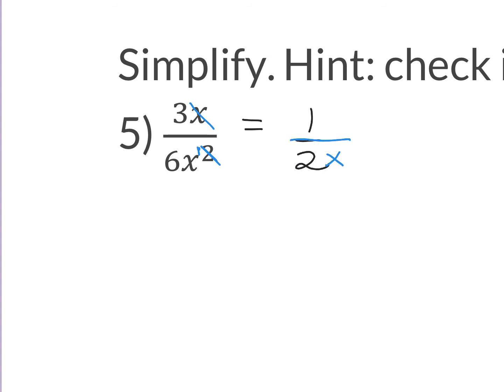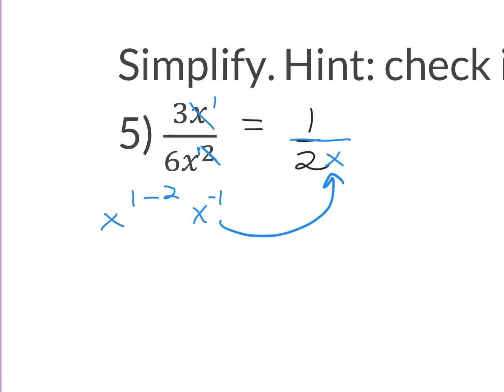The other way you could think of this is do what you did on the test. This is x to the first minus x to the 2, x squared, gives you x to the -1. Remember, when you subtract the exponents, if it's negative, the final variable gets written in the denominator. So either way here.